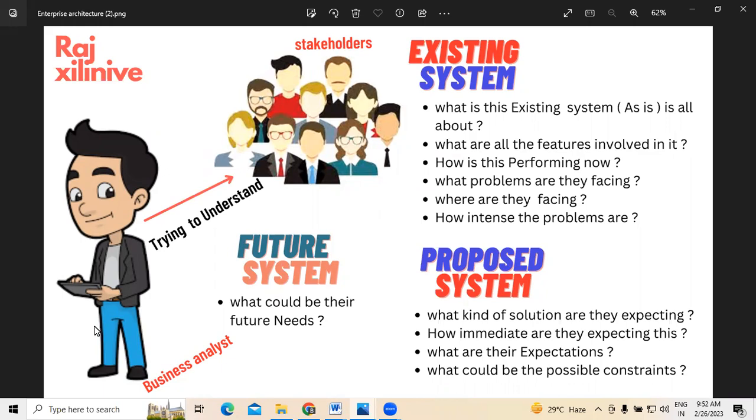Followed by these expectations, constraints, because when you are developing an application or a solution, there are some possible constraints. Whenever we are doing a task, there are some constraints we could identify first. So based on that, what all is to be corrected will be done by us accordingly, right? So what could be the possible constraints? All these things must be studied under the proposed system, right? The proposed system is nothing but the one you are about to develop or are planning to develop.